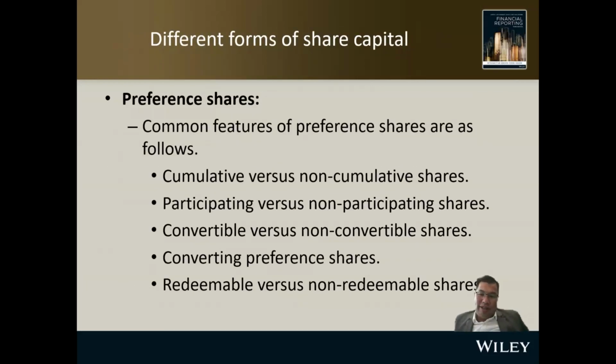Maybe the cumulative and non-cumulative preference share. When you learn finance, you know this term. Let me just put a number here, 6% preference share. What does it mean? Anyone have an idea about the 6% preference shares in front of the name?